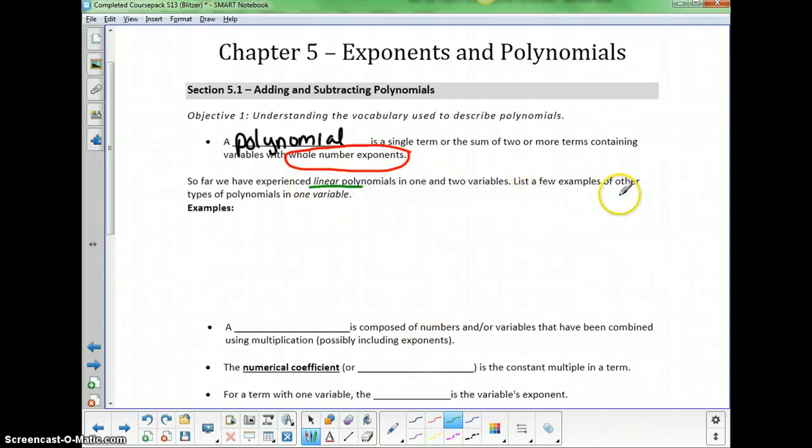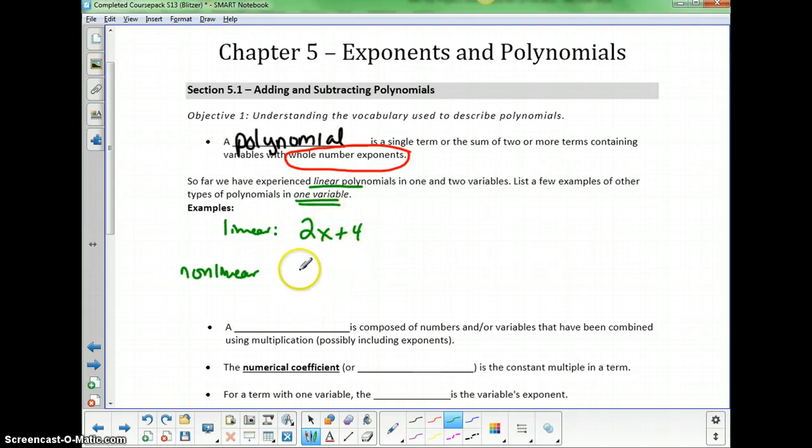Okay, so let's list a few other types of polynomials in one variable. First of all, let's give an example of linear, and then we'll talk about nonlinear. So we want the one variable case right here. Linear in one variable would be something like 2x plus 4. Okay, nonlinear. If I want to make it nonlinear, the key to being linear was that the power on this x was only 1.